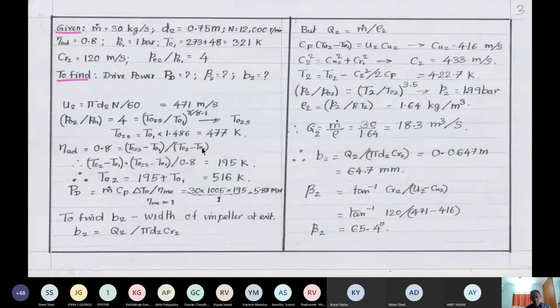The stagnation conditions are taken. So we have now the value of T02S, then T01 is given. So from this adiabatic efficiency, we can calculate the exit total temperature T02. Is there any other way to calculate that?